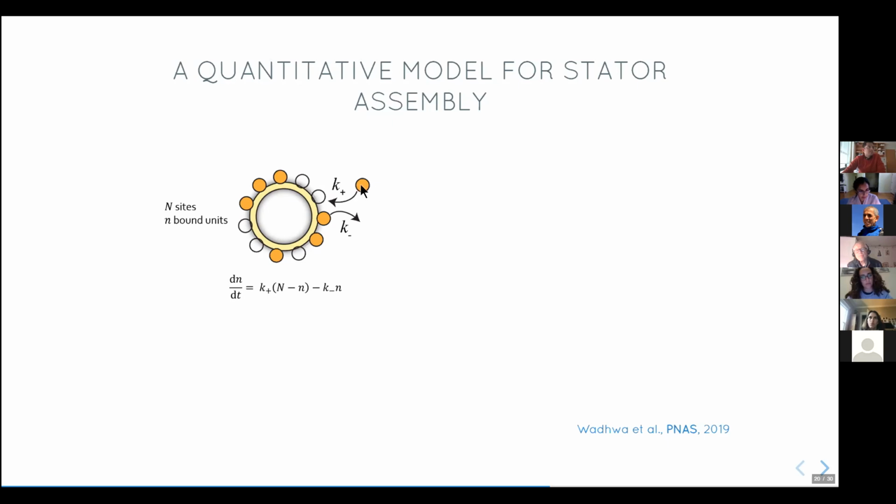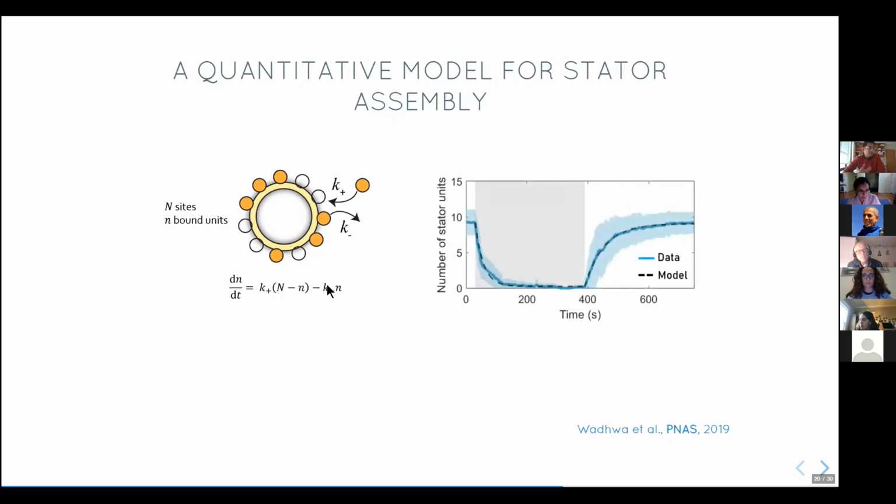And then we assume that the unbound units can bind the motor with an on rate k plus, and the bound units can leave with an off rate k minus. And this simple picture that I just described can be written down in a very simple first order kinetics differential equation. And so we fit this simple model to our data that I showed you before, and we find that this very simple model does a pretty good job at fitting the data.